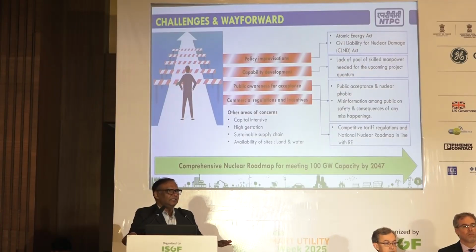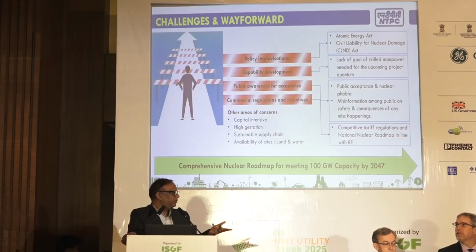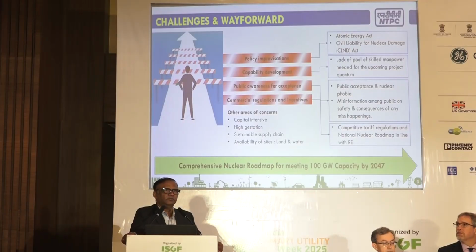The second challenge is the fuel. If the world is targeting 1,000 gigawatt, tripling the capacity from where we are now at about 400 gigawatt of generation capacity to 1,000 gigawatt, and India is planning 100 gigawatt, then 1/10 of the world's production will be required in India.